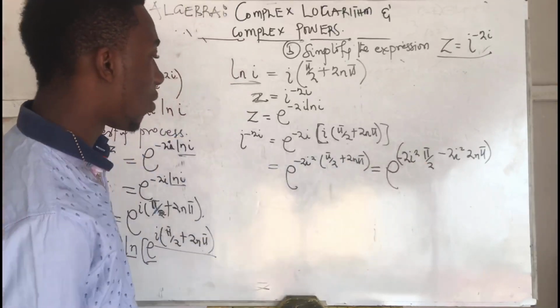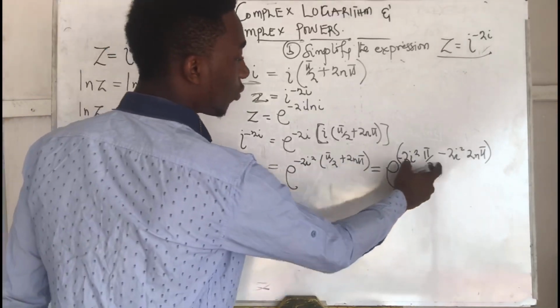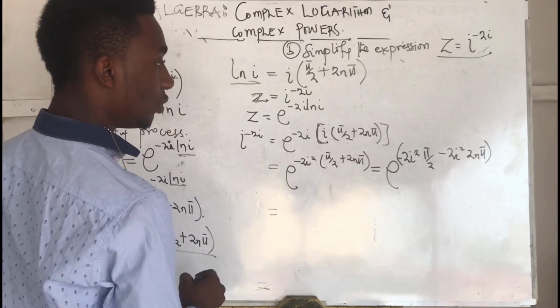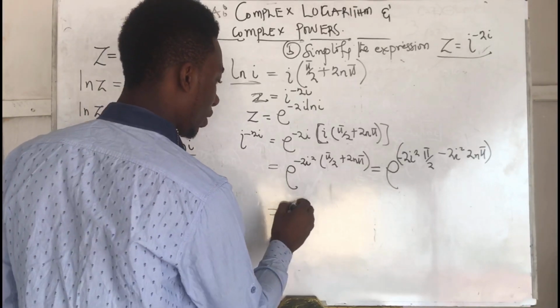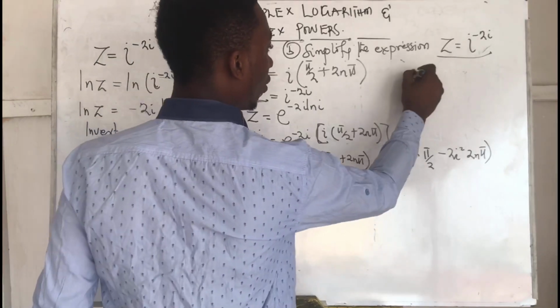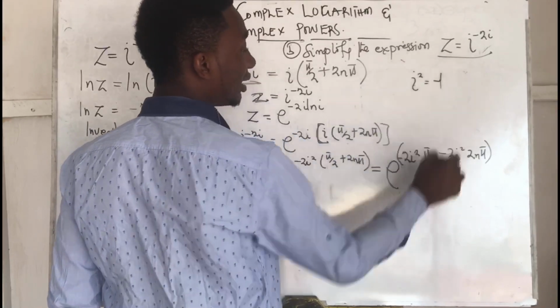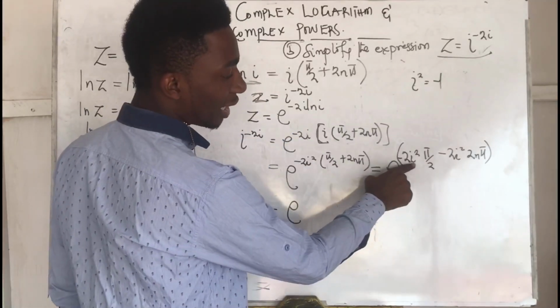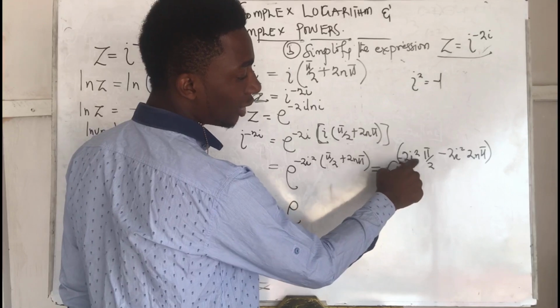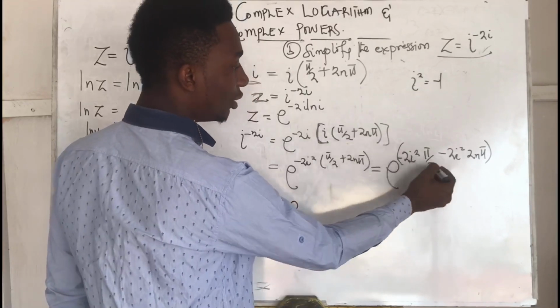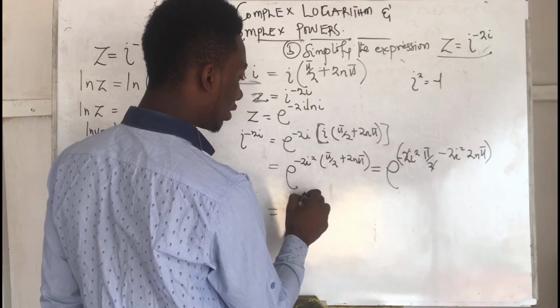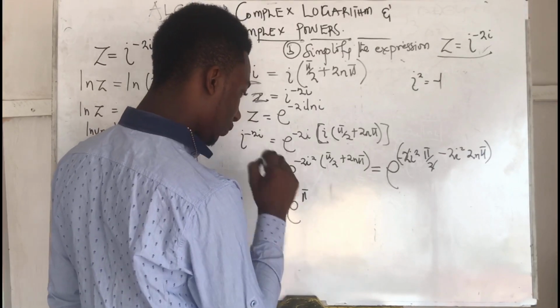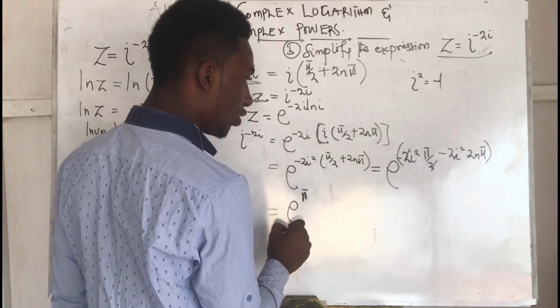Now when you get this, what happens? Take note that i squared is negative 1. So if i squared is negative 1, it will affect this one. Negative 2 times negative 1 will be 2, and these two cancel these two away. So we get e to the pi.